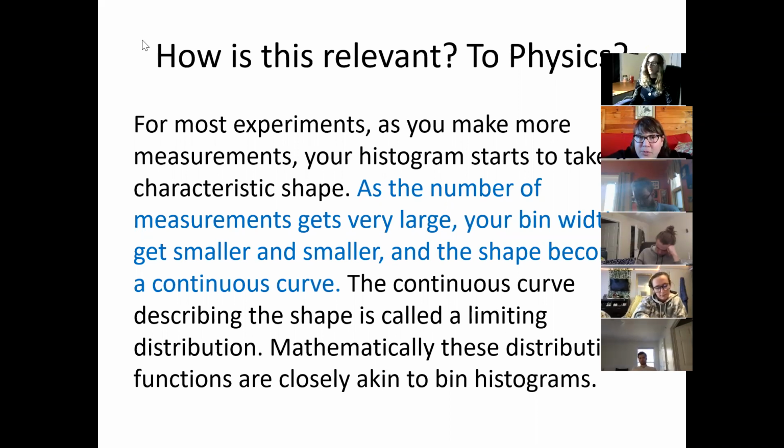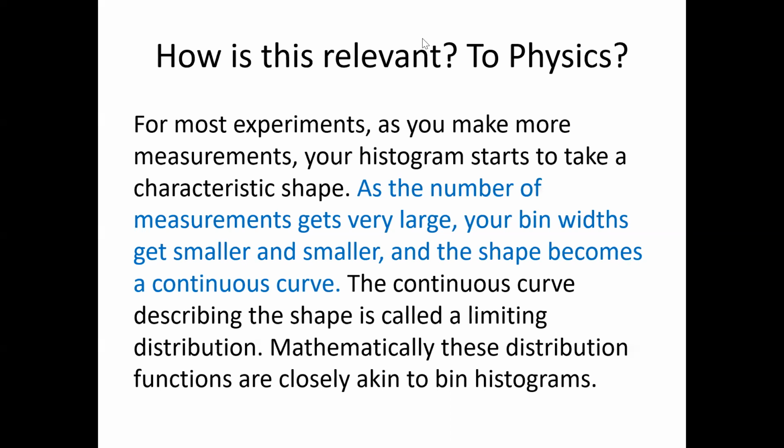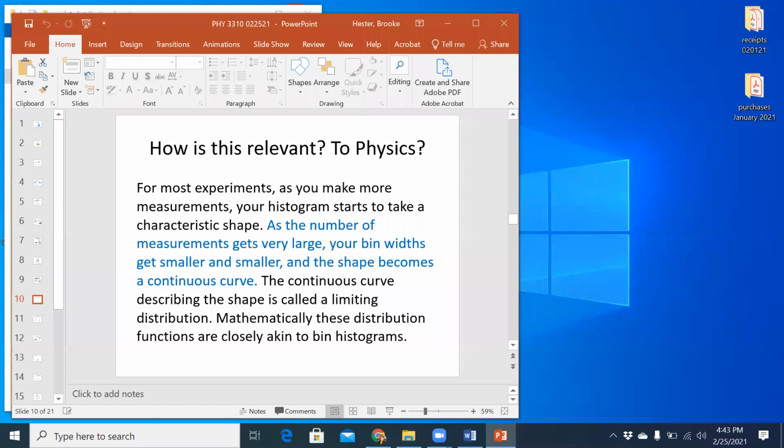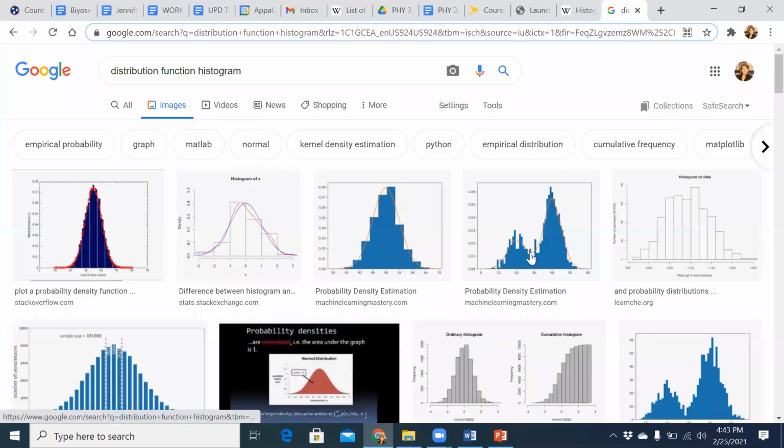Okay, I have some examples to show you. I just did a Google search of histograms and distribution functions. Here's an example of a distribution function with not a whole lot of data points, but if we look at the one next to it, data points meaning a large total number of measurements taken. Obviously, there were more measurements taken here, and we have thinner bins here.